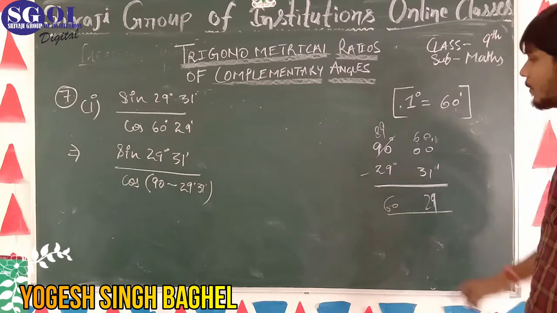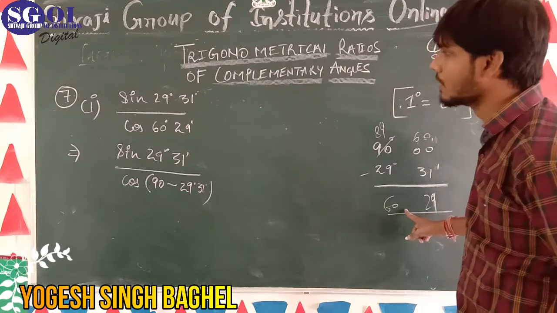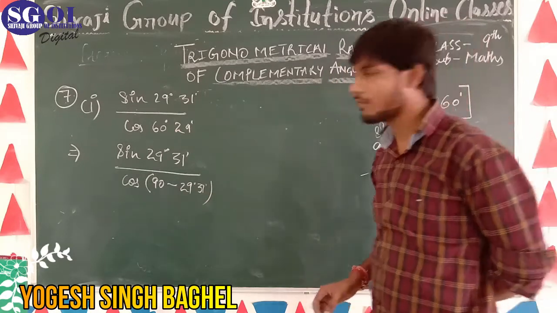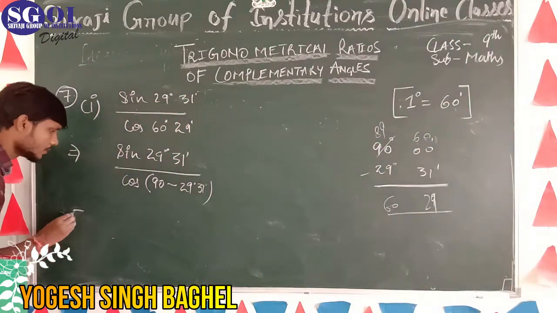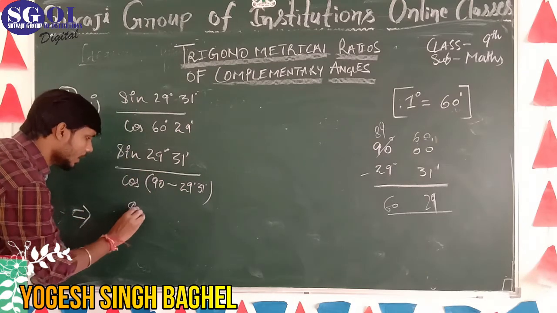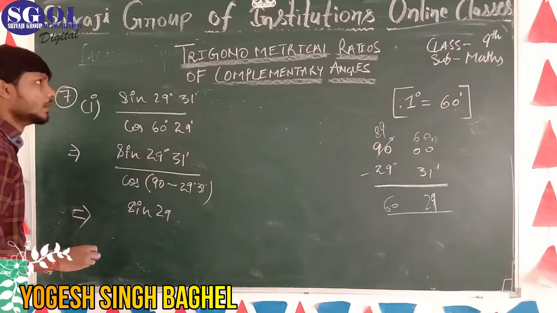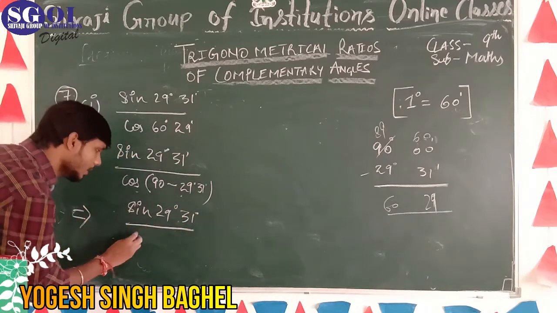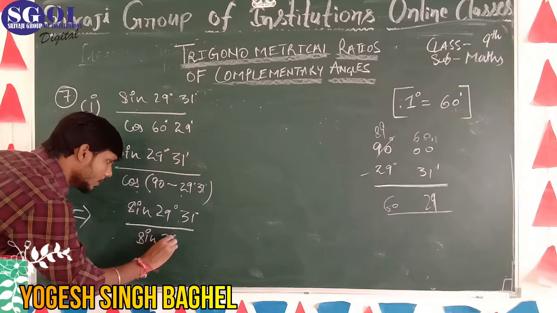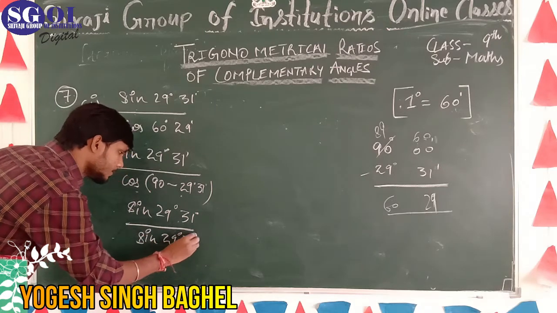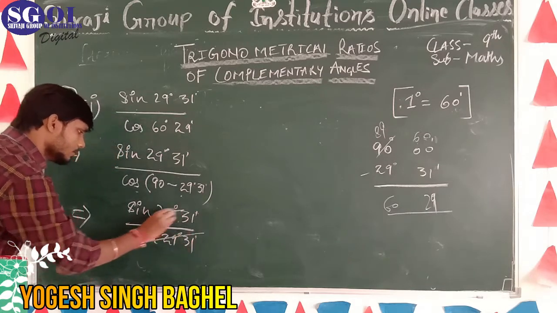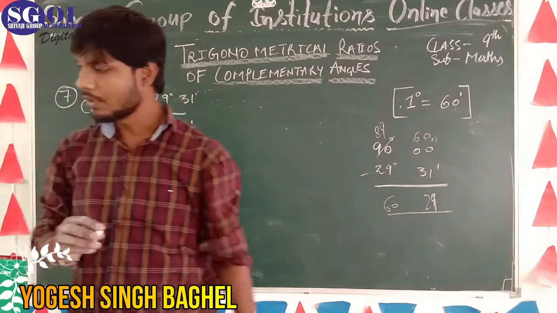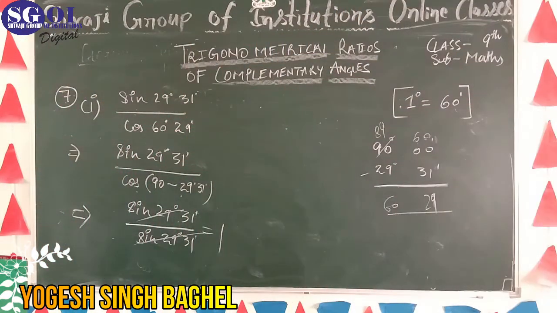So in place of 60 degree 29 minutes we can write 90 minus 29 degree 31 minutes. By the complementary angles, cos(90 minus theta) is sin theta. So it comes 1. The answer is 1.